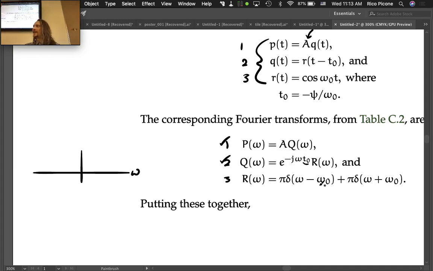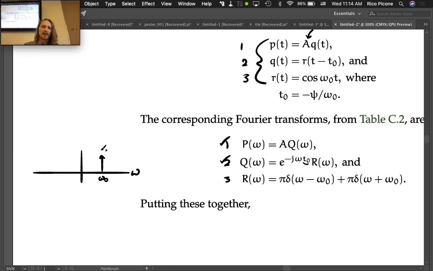This infinitely spiky, infinitely narrow spike, which has area 1, and actually the function's undefined at that point. Remember that. So this occurs at omega naught, and we would say it has strength pi.